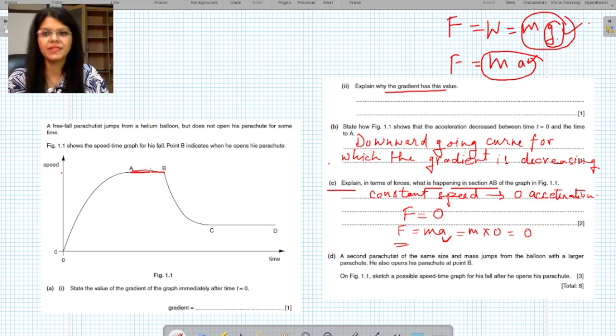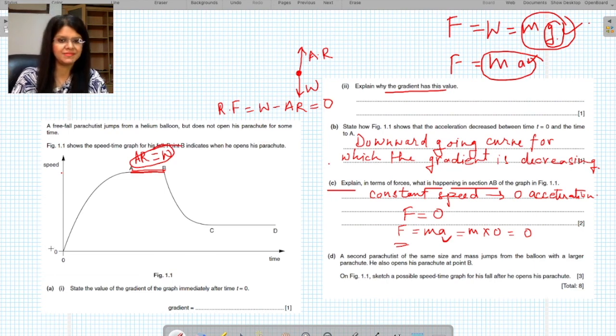Between point A and B, what is happening? The air resistance has become equal to the weight. So if this is your parachutist falling, the weight and the air resistance, they're precisely in the opposite direction. The resultant force, which is weight minus air resistance, becomes 0. Why? Because air resistance becomes equal to the weight.